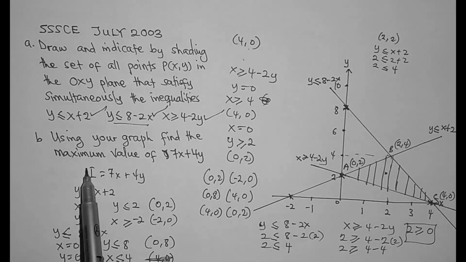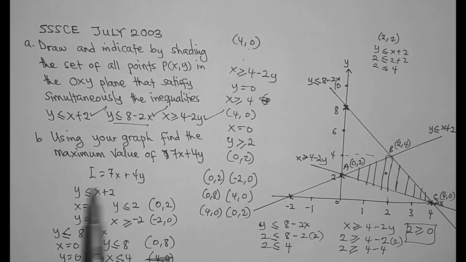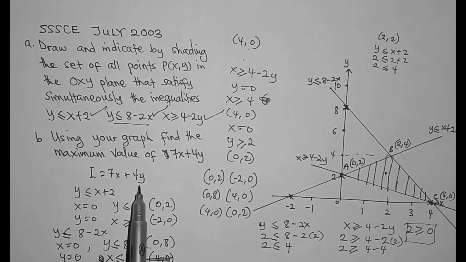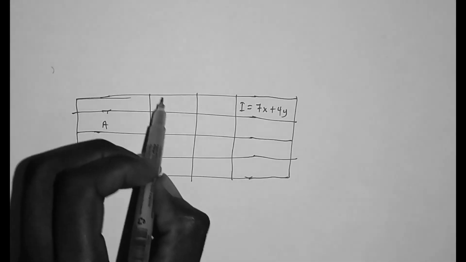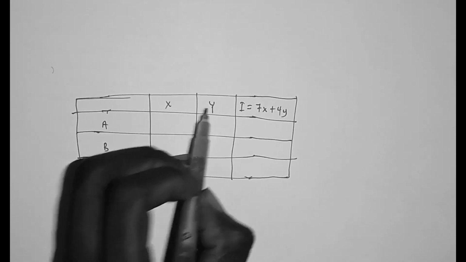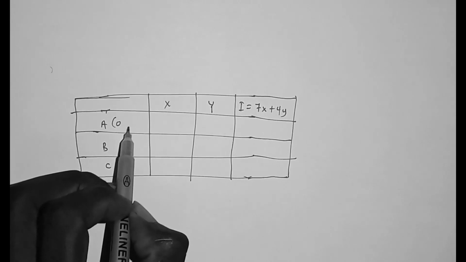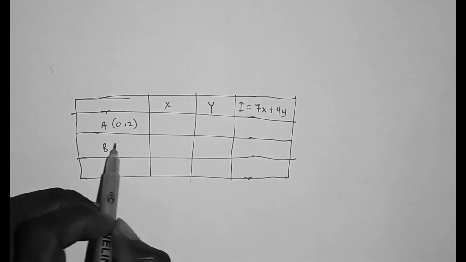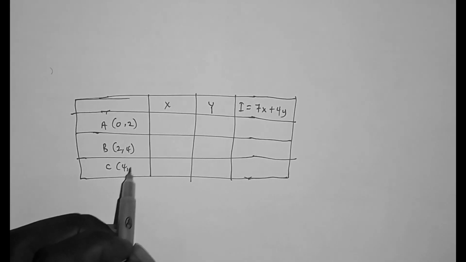But remember that our objective function is I equals 7x plus 4y. And this is A, B, and then C. And these are our x and y values. So A is 0, 2, and B is 2, 4, and C is 4, 0.